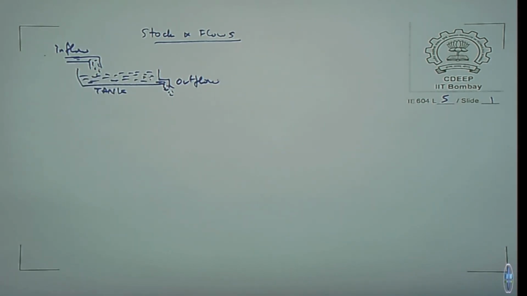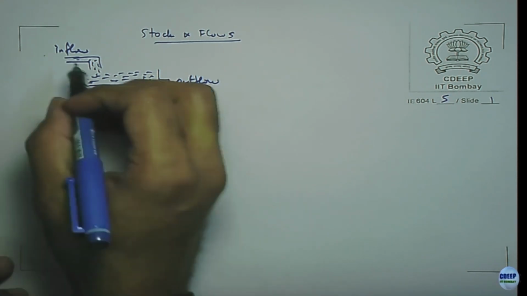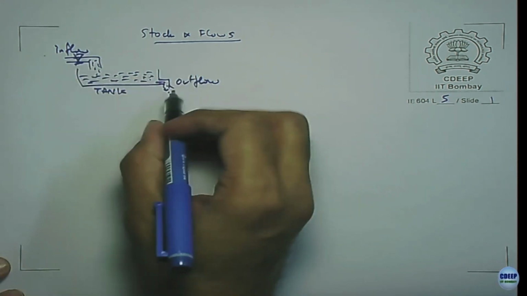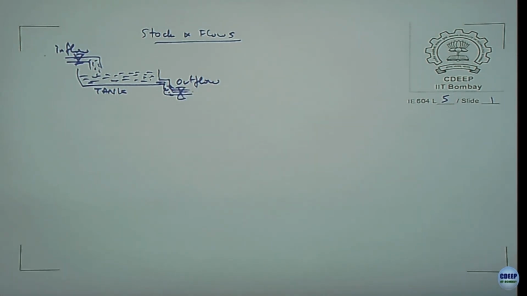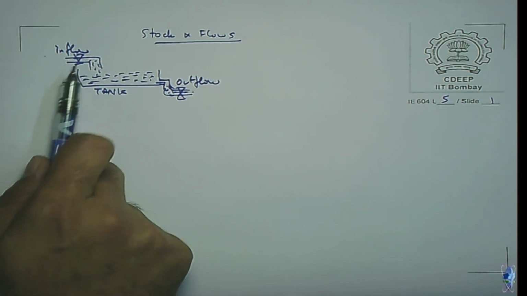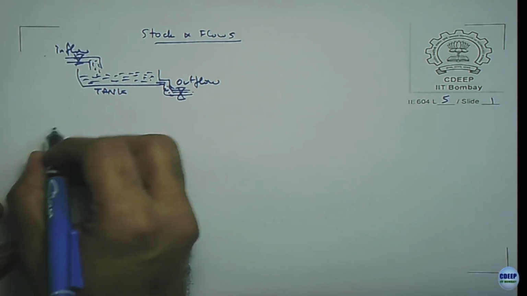It's a very simplistic kind of metaphor, of course. Whenever there are inflows and outflows, we are used to looking at them with some set of valves within the system. So, this is the same idea that we are using here.